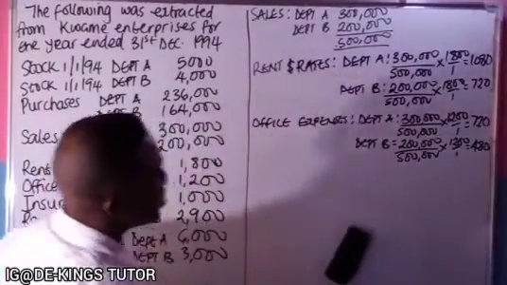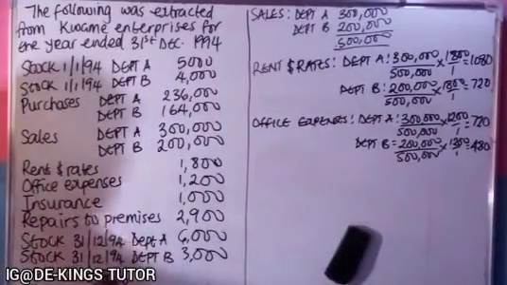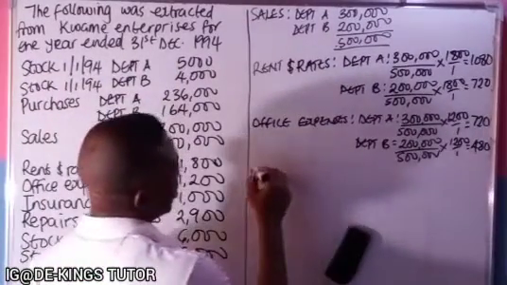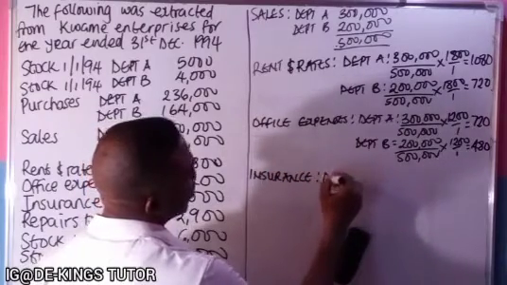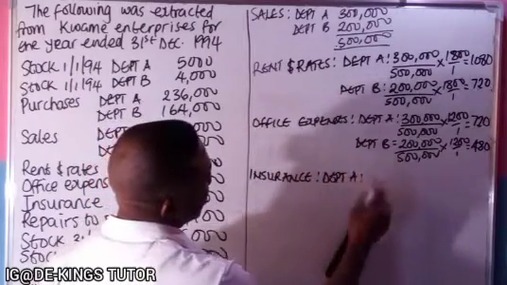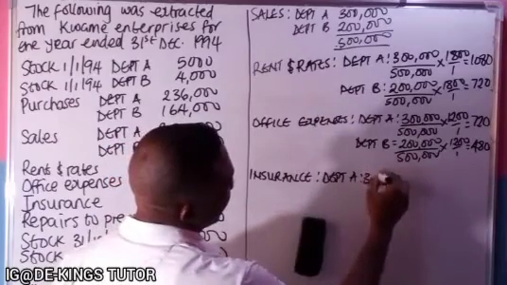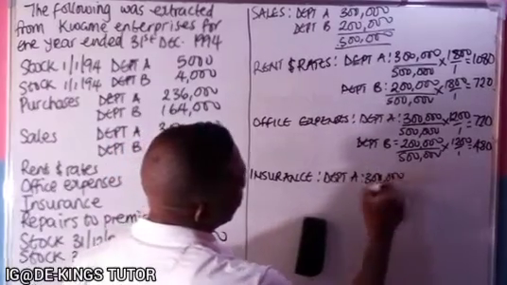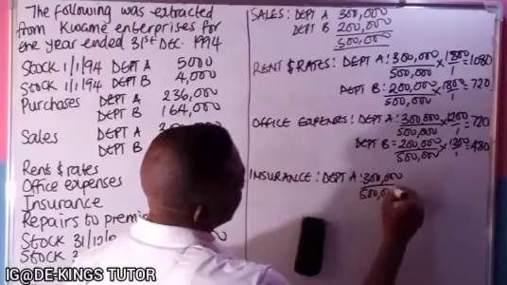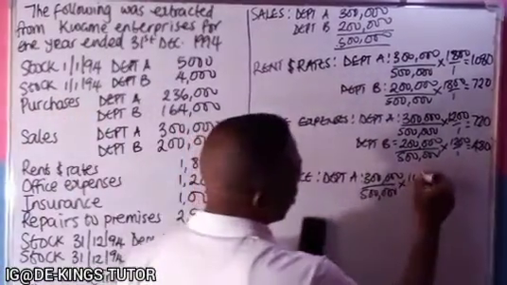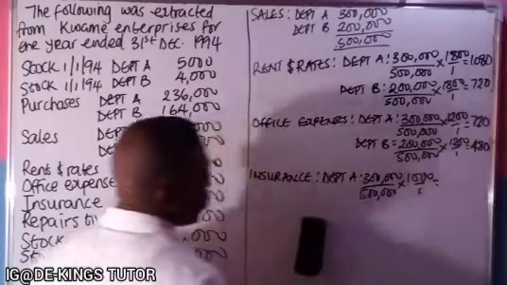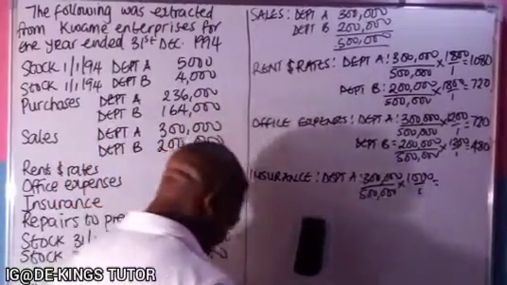That's that. The next one is insurance. Department A, same thing. We have 300,000 over 500,000 times the amount for insurance, 1,000 over 1. What do we have for insurance?